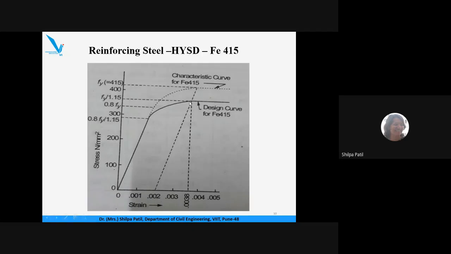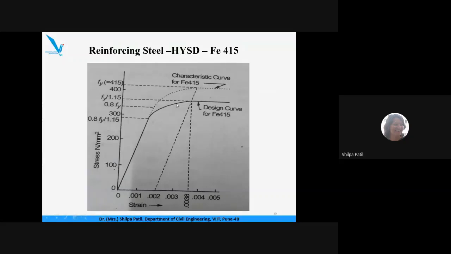See, if we consider this yield point on the design curve, the corresponding strength is denoted by Fy divided by 1.15. That is, 1 upon 1.15 comes out equal to 0.87. So design stress for steel is taken as 0.87 Fy for the design purpose or in the calculation.